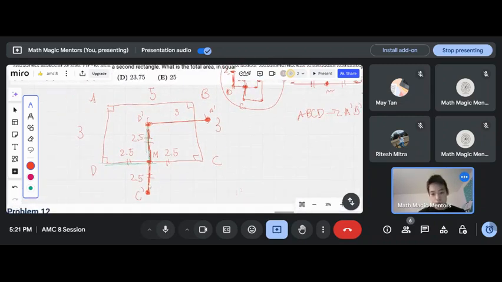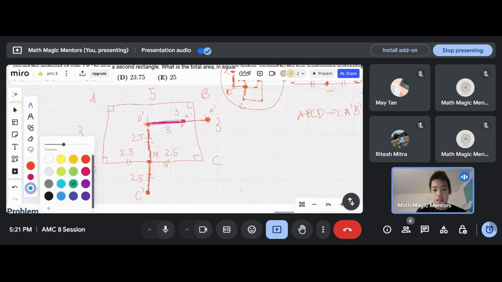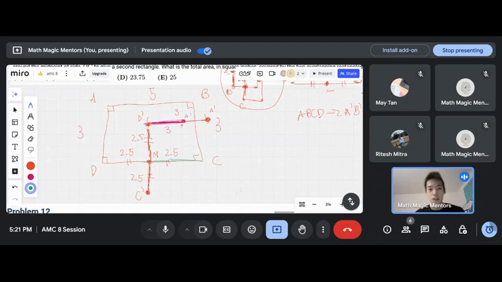The reason it can't be inside is that if A prime was here, you'd be saying that this pink segment is 3, and this green segment CM is just 2.5. So you're saying that 3 is less than 2.5, which is not true. And so it has to be outside.